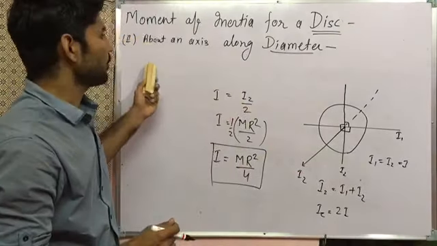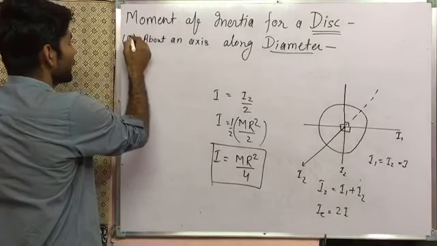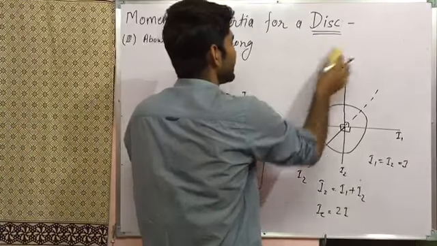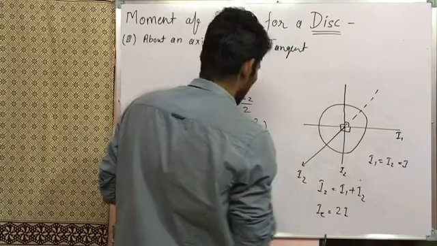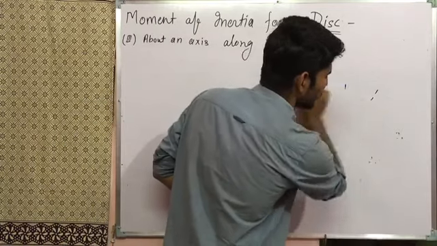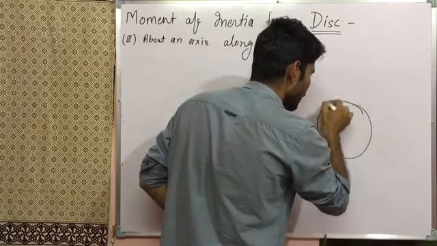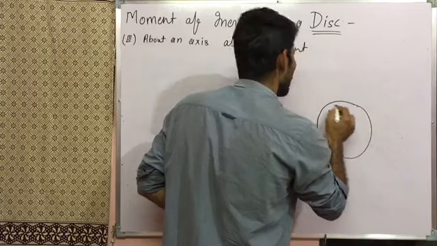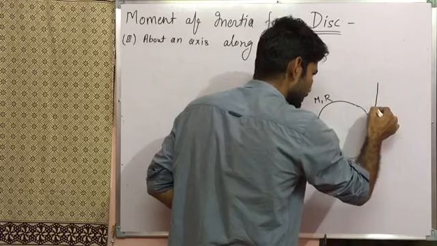So here we completed the second case and we move to the third case, and the third case is moment of inertia about an axis along the tangent. For this we have to remove it, and we draw the axis and disk. Here is our disk, and the mass of this disk is capital M, radius capital R, and here the axis.